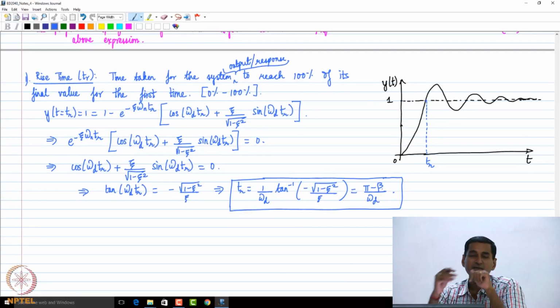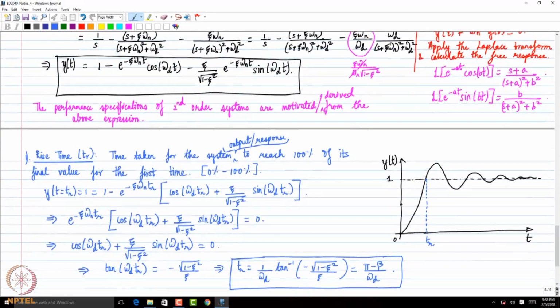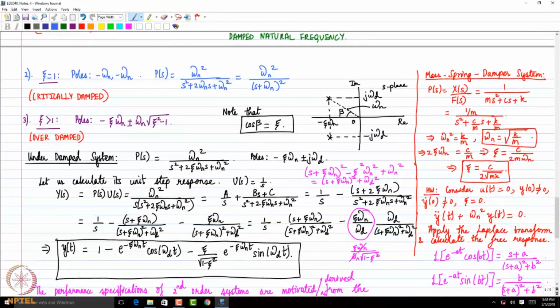How do you think we got pi minus beta? What was cos beta? It was zeta. What is tan beta? Please look at the graph. So beta was this angle, right? Tan beta is opposite by adjacent. Opposite was omega d, adjacent was zeta omega n.